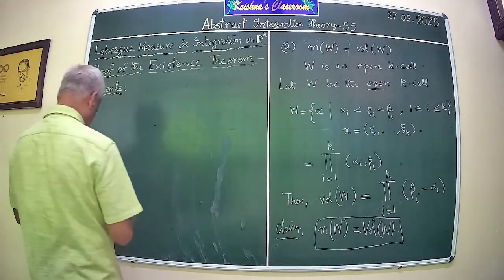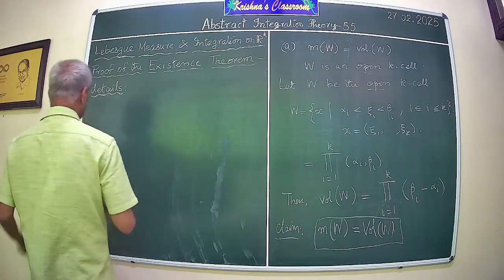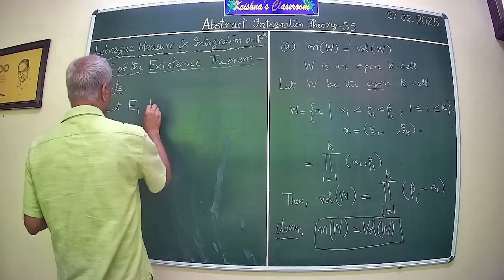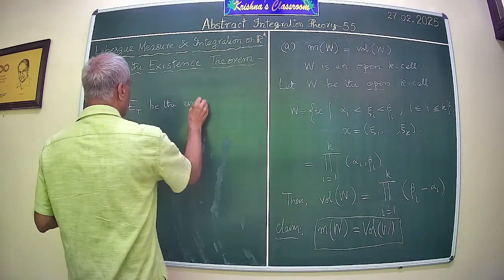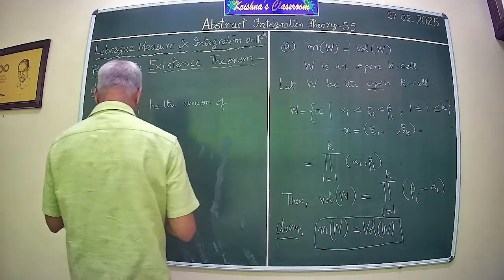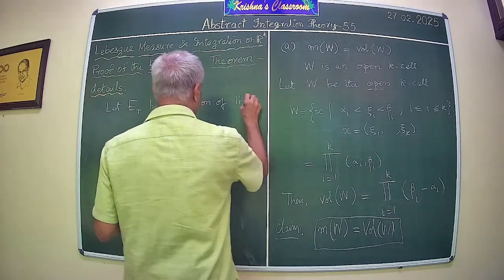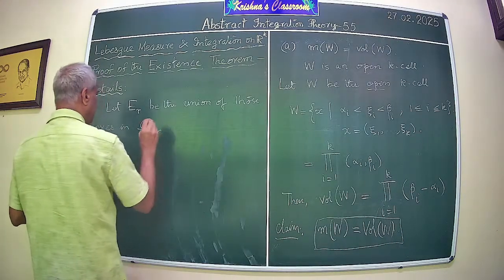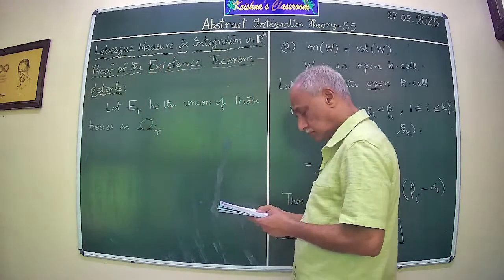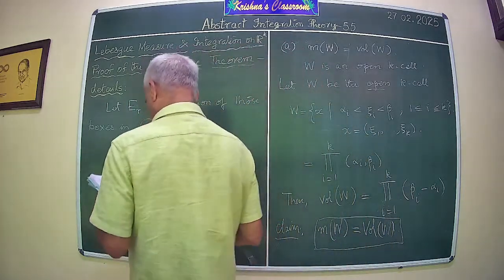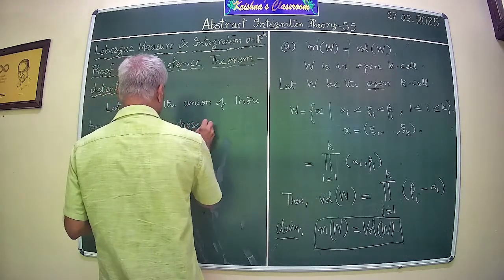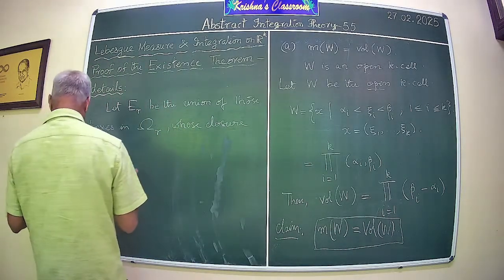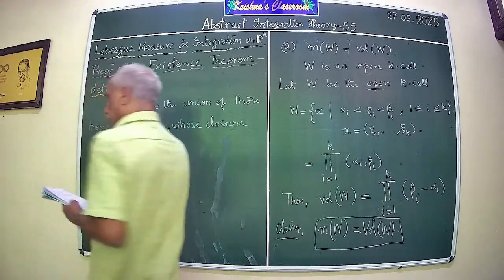So let ER be the union of those boxes we have defined, omega R, disclosure lie in W. What we mean by that?